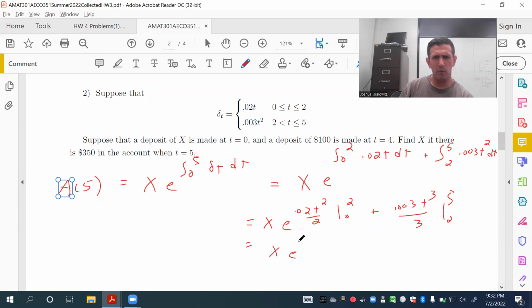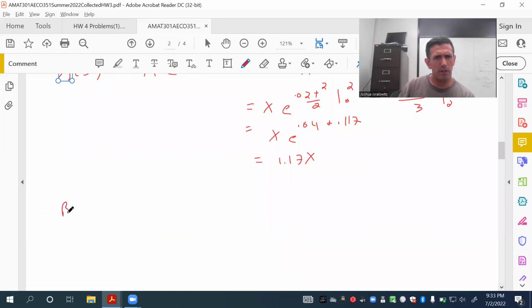So it's 0.04 plus 0.117. That's 1.17X. Check that. It rounds off oddly here; you get a lot of 9s. If you round to the nearest 5 decimals, you do get 1.17.